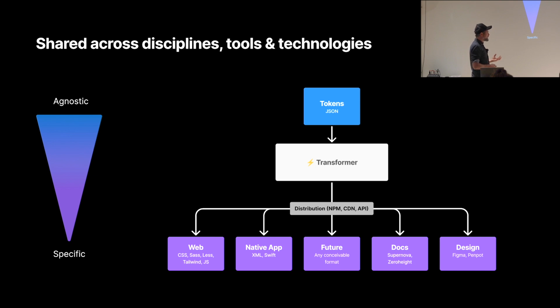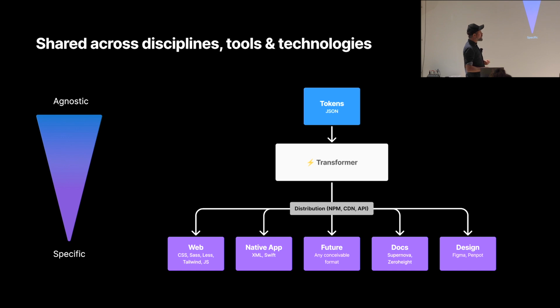And at the end, the transformation process guarantees that the target platform can consume the tokens. For example, they start as JSON, then they get transformed, and they are a dependency for your web project, but the web project receives your tokens in a transformed way as custom properties, Sass, Less, JavaScript, TypeScript, whatever you need.